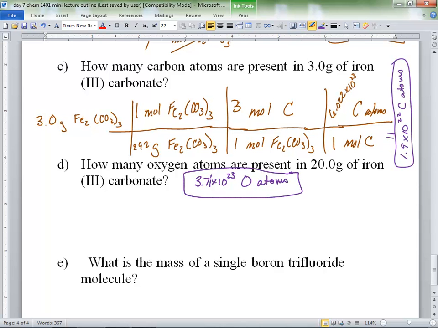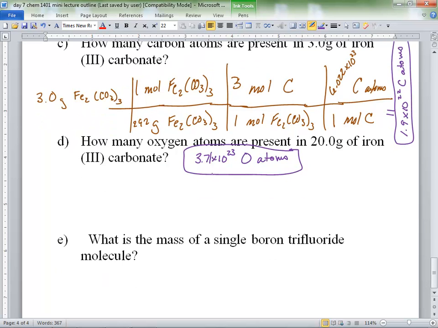You find the molar mass of BF3, divide it by whose number? Avogadro. You're done. That's the mass of 1. So find the molar mass and divide it by Avogadro's number.